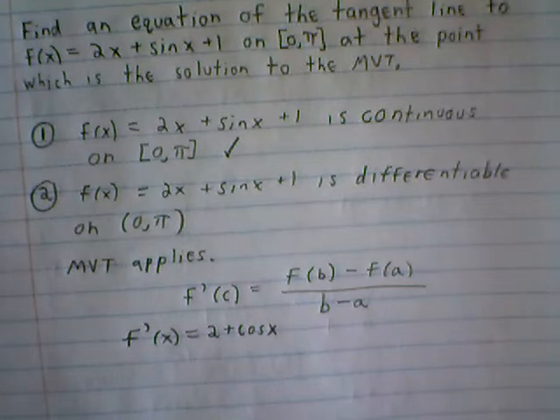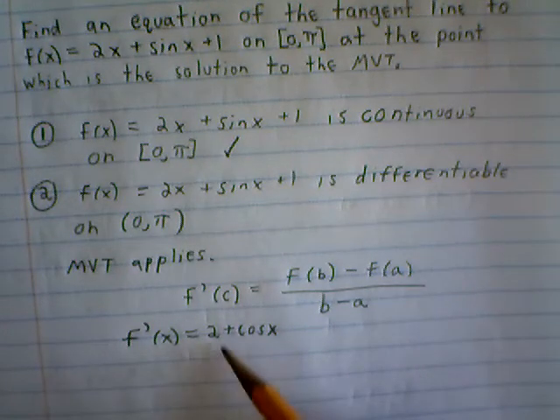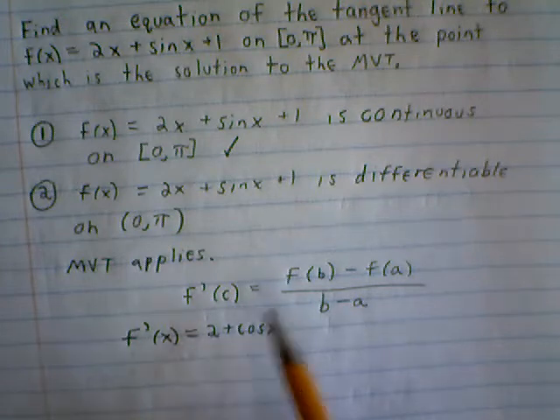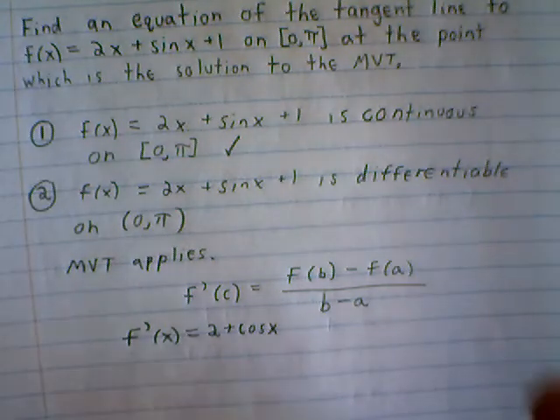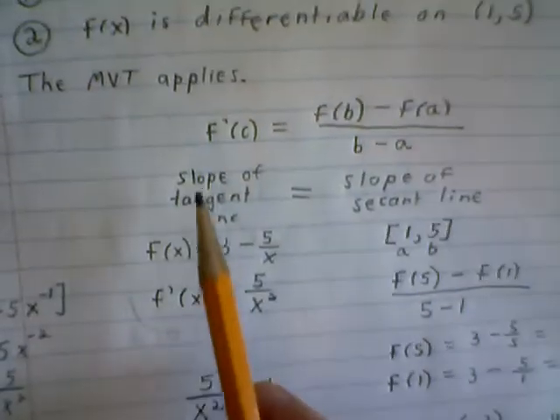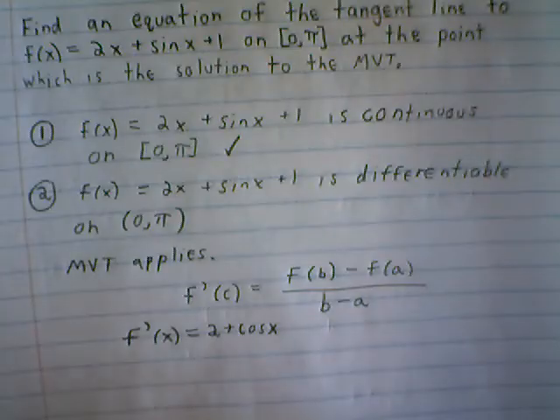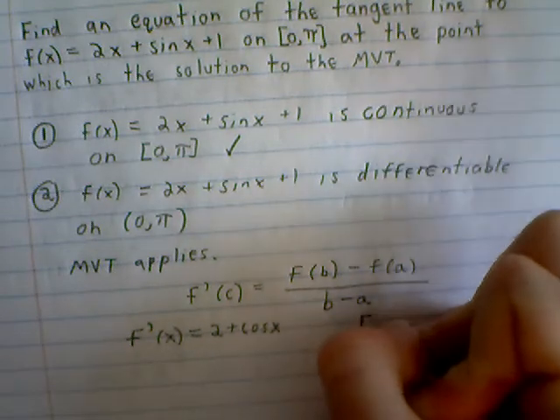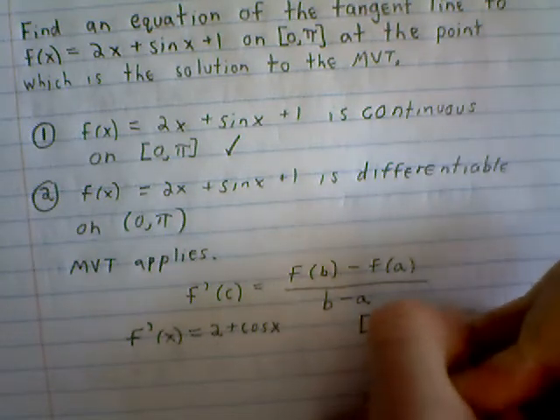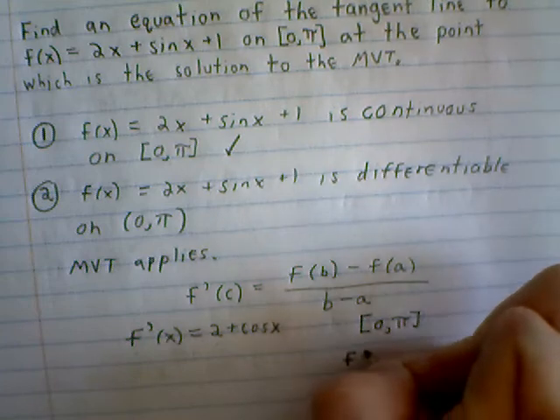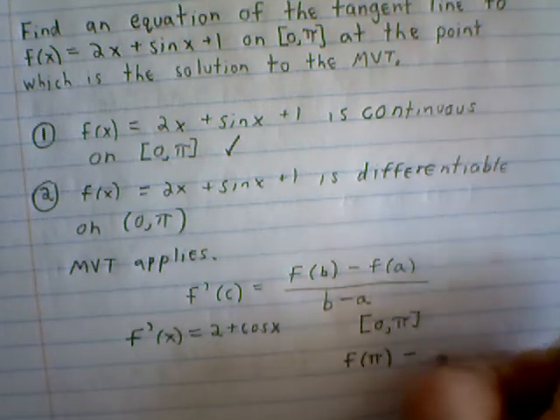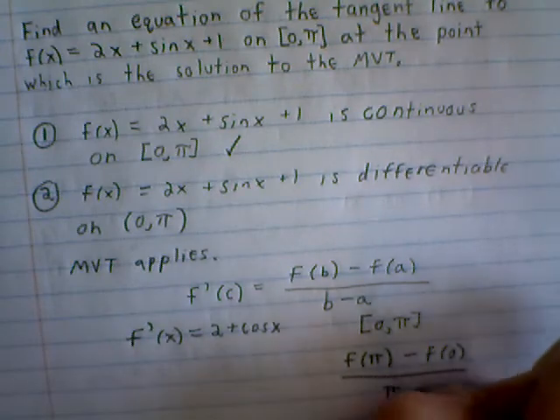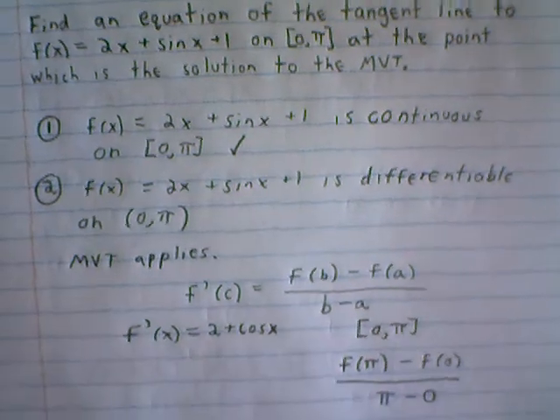So there's my slope of the tangent line, just like I wrote it over here. Now let's find the slope of the secant line. Our interval is 0 to pi. So I'm going to have f of pi minus f of 0 over pi minus 0.